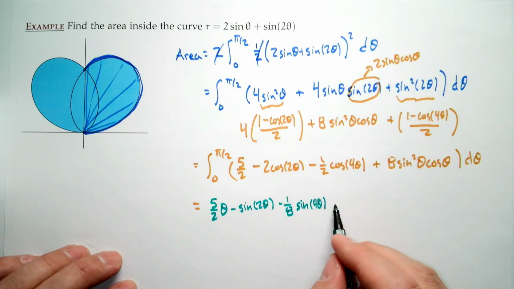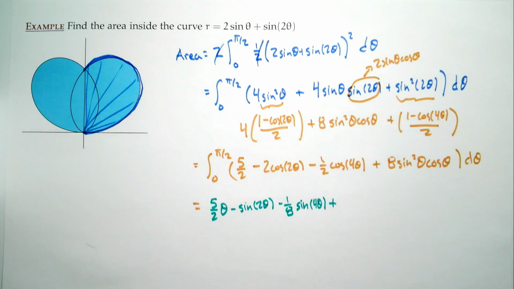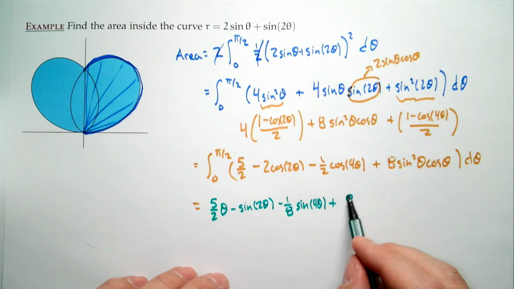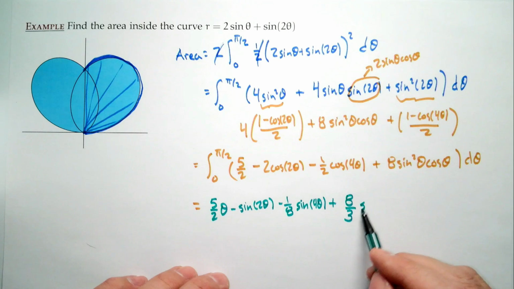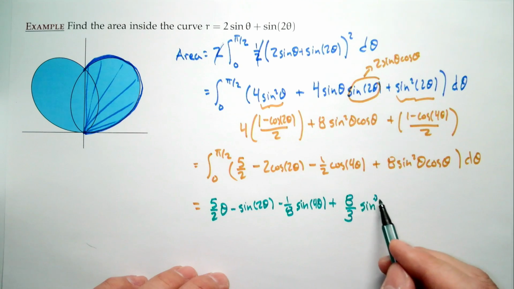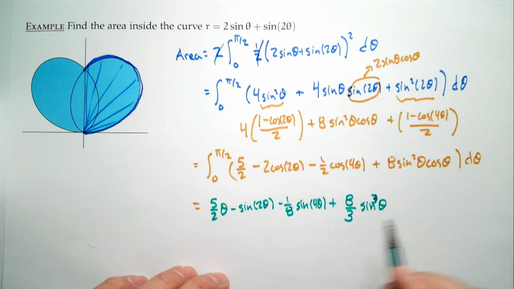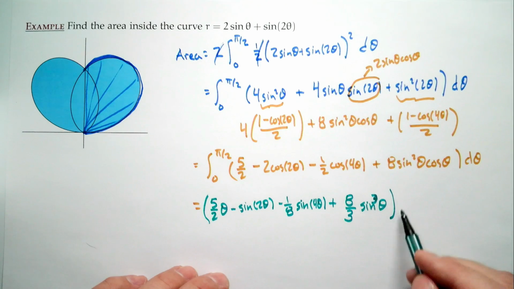Okay. We've had 30 seconds to stare at the 8 sine squared theta cosine theta. Do you know the integral of this one now? Eight thirds of sine cubed theta. Now, some of you are like, yes, that's exactly what I was thinking.